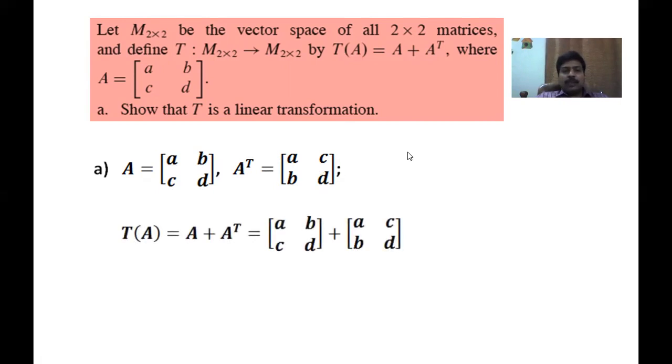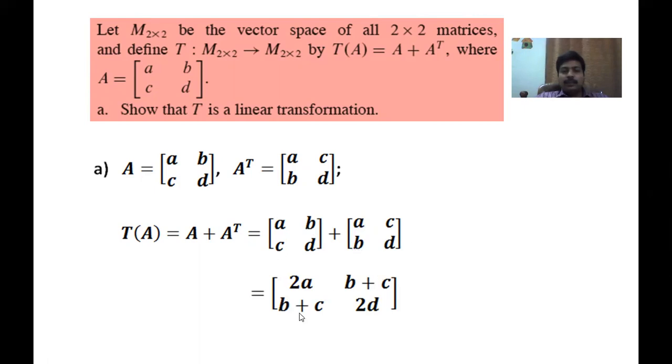Now T of A, as per our definition, is A plus A transpose, that is equal to the matrix [A B; C D] plus [A C; B D], that is equal to [2A, B plus C; C plus B, 2D].